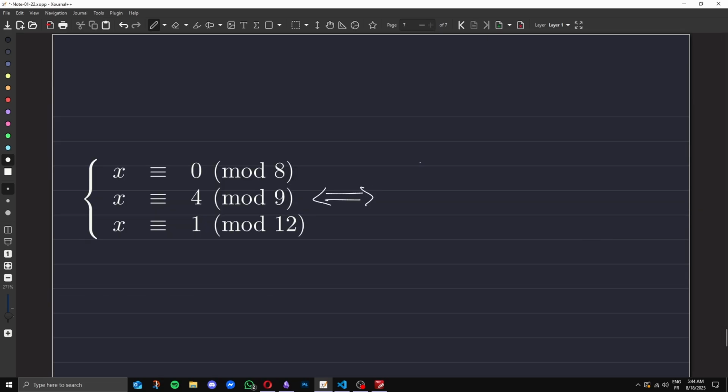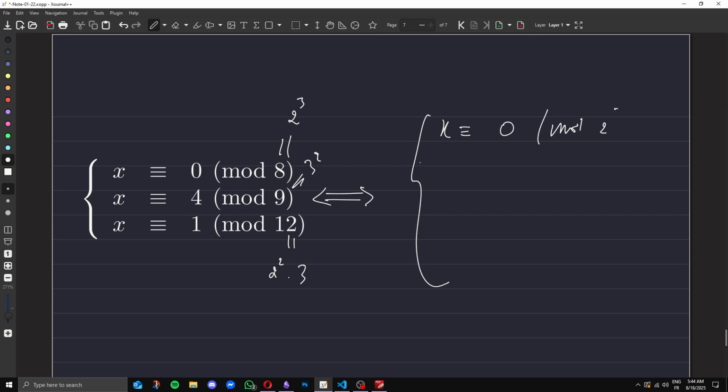So let's do just that. So for the first modulus here, 8, it's already a singular prime power. Same goes to 9, 3 squared. 12, that's 2 squared times 3. Okay. So for the first two, it's simple.